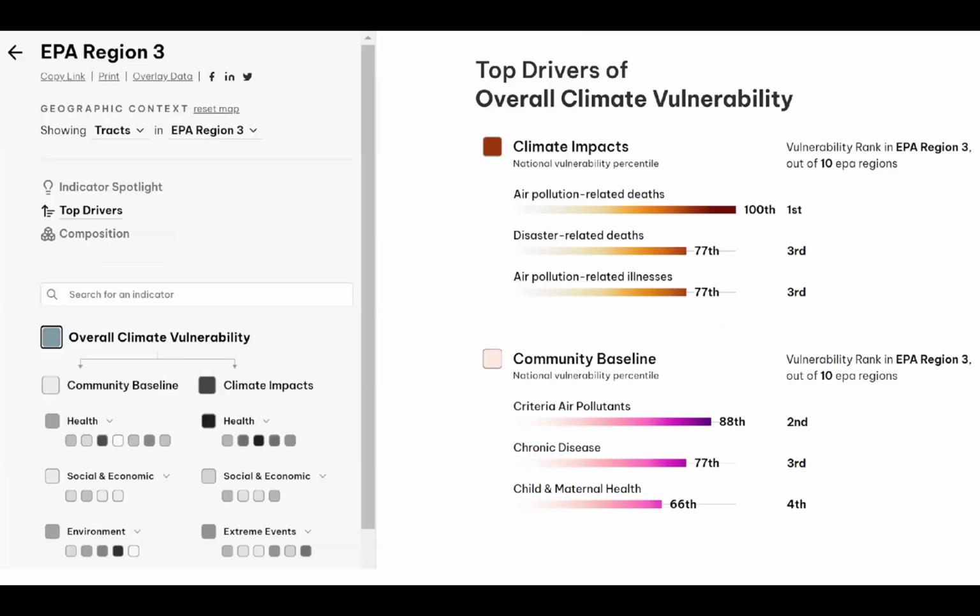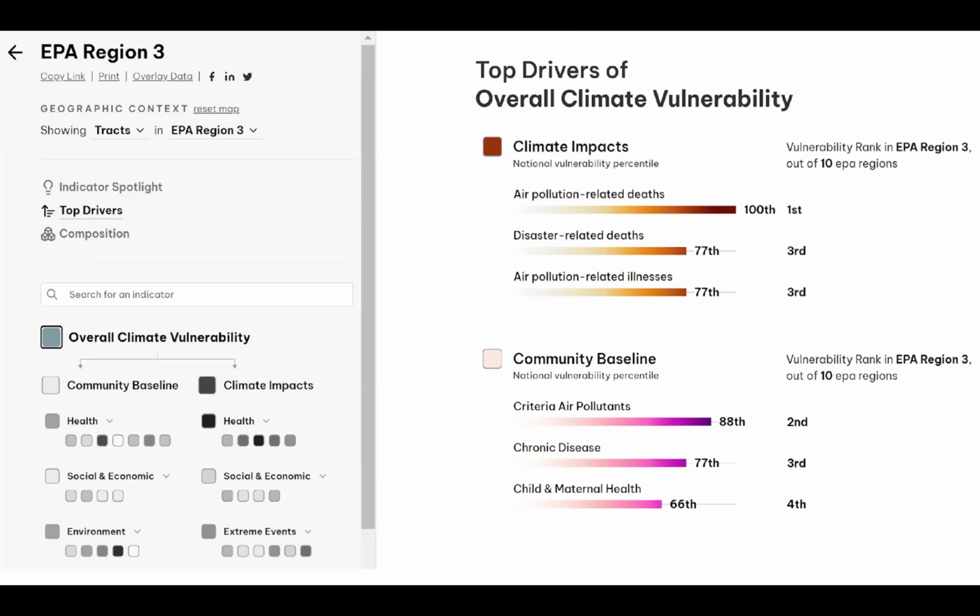So what if we look at the individual domains or subcategories? How do we rate EPA Region 3? As you can see, air pollution related disease is number 1. Disaster related disease is third. Air pollution related illness is third.